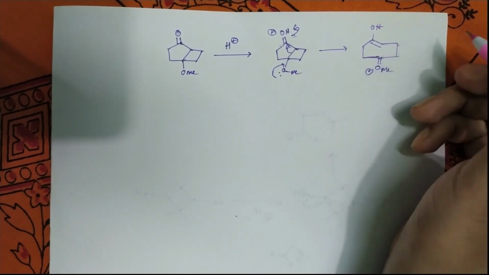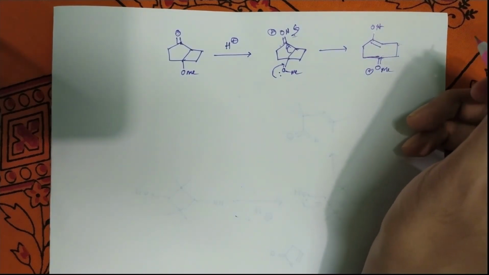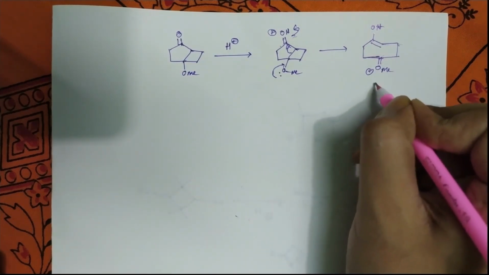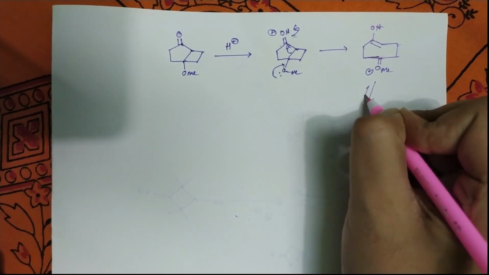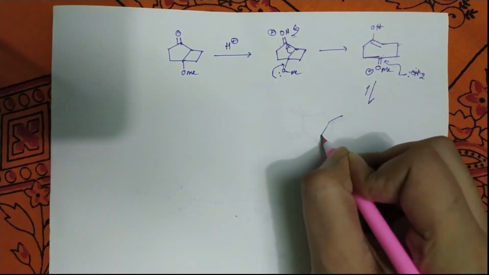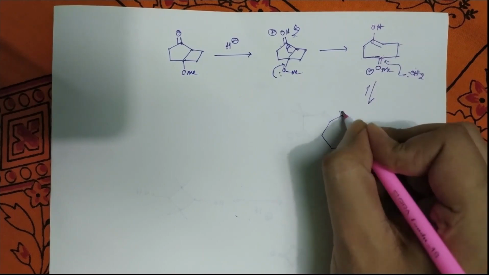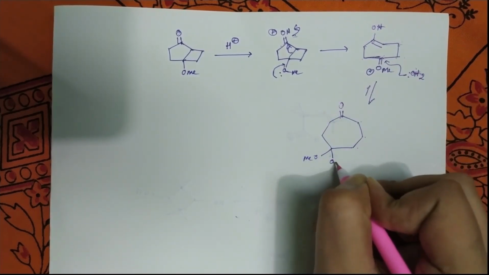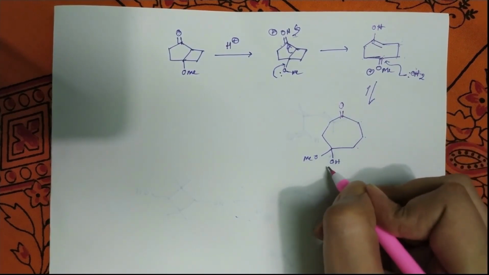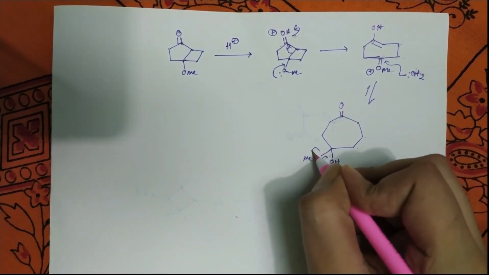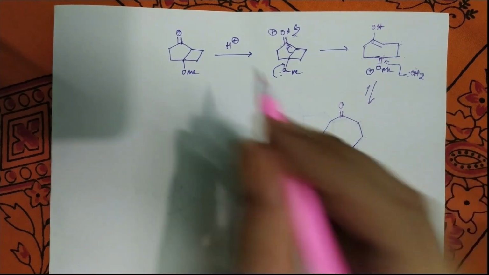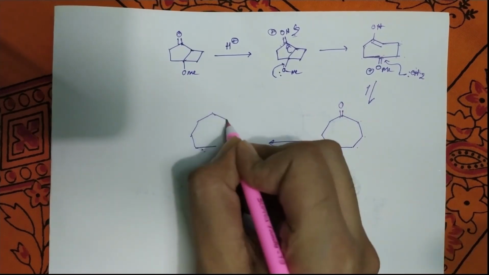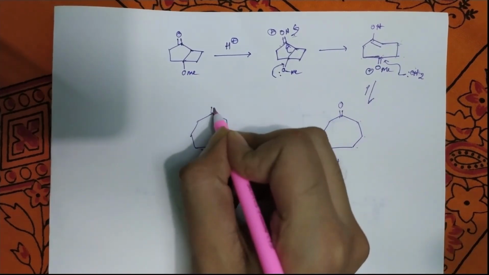This is a 7-membered ring, so we can draw a proper 7-membered ring structure. It is tautomerized into a more stable carbonyl form in the 7-membered ring. Now this oxygen pushes back, and the OMe leaves, because OMe is a good leaving group. So we got this 7-membered ring. This is an isolated ketone, a diketone you can say.